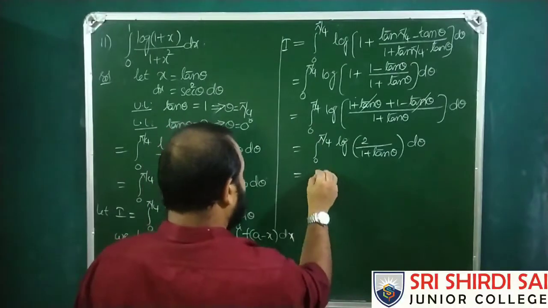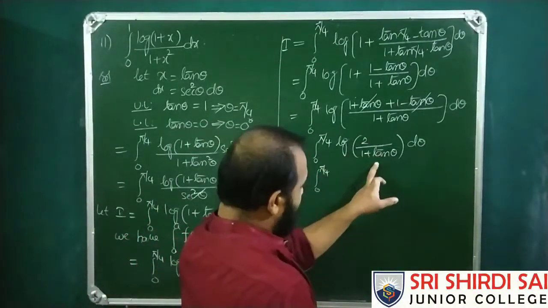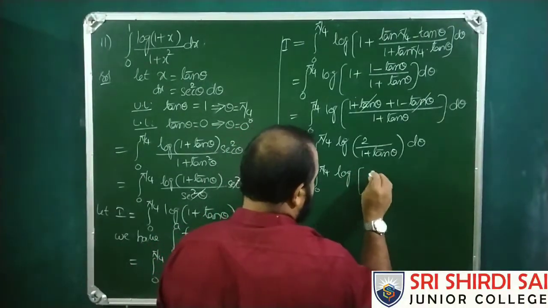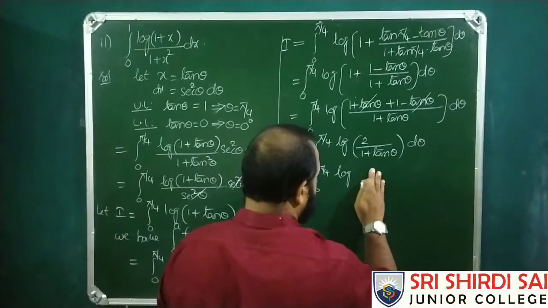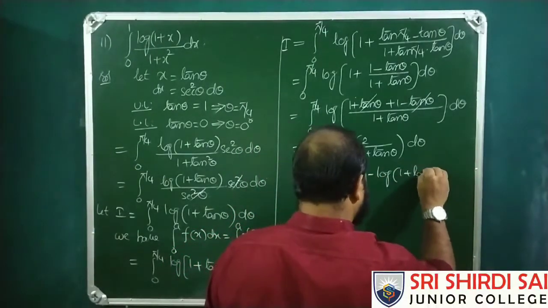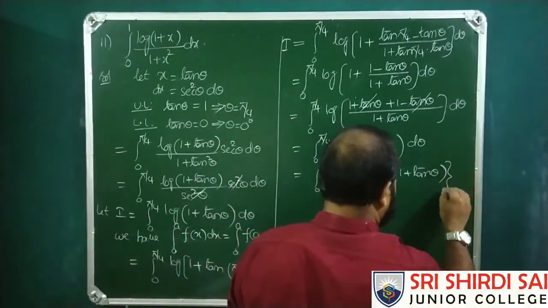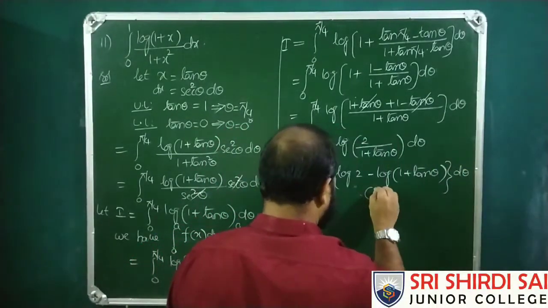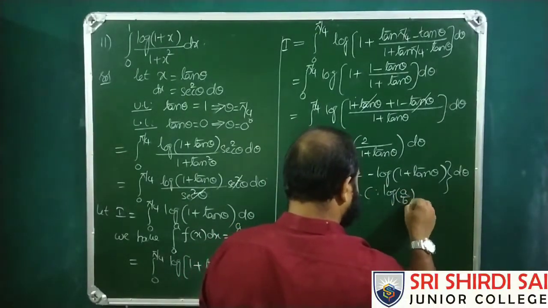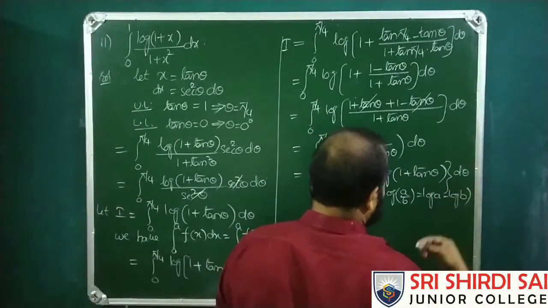So this is equal to integral 0 to pi by 4. What is log a by b? Log a minus log b. So log 2 minus log(1 + tan theta) d theta, since log a by b is log a minus log b.